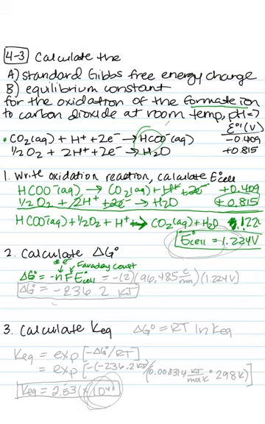So this will be minus 2 times 96,485 coulombs per mole times 1.224 volts. And that is minus 236.2 kilojoules.